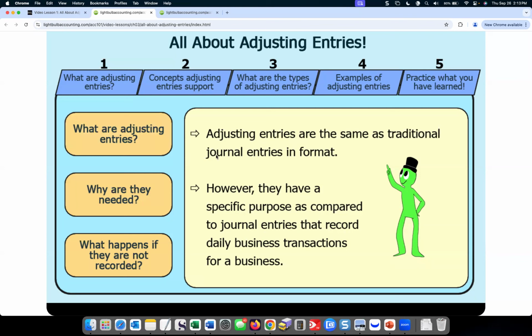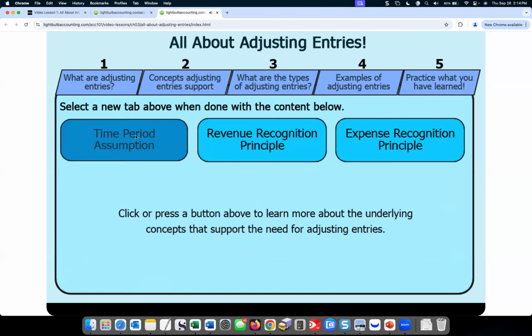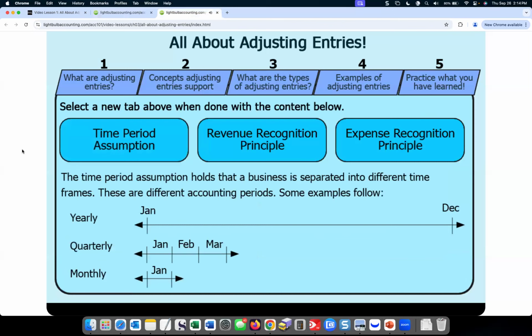So here's the deal. We know that an accounting cycle is a specified period of time. We go from the beginning of the period to the end of the period. At the end of every accounting cycle, that cycle can really be any duration. It could be yearly, it could be quarterly, monthly, as the 3 examples I got here.